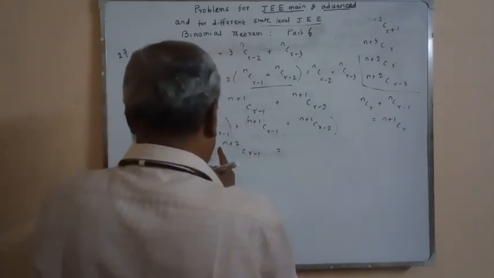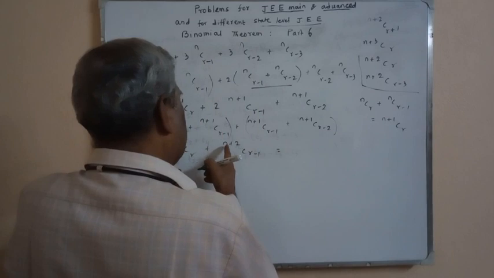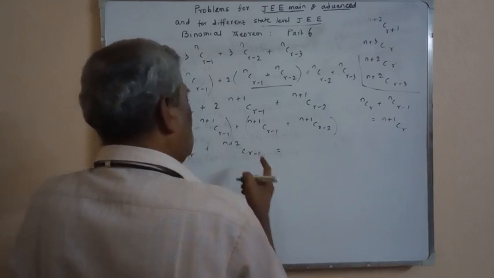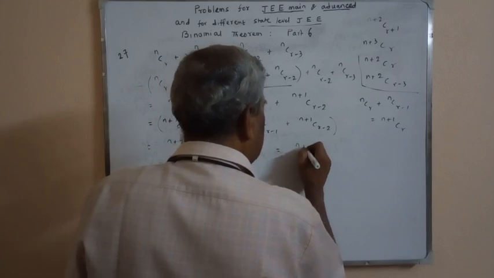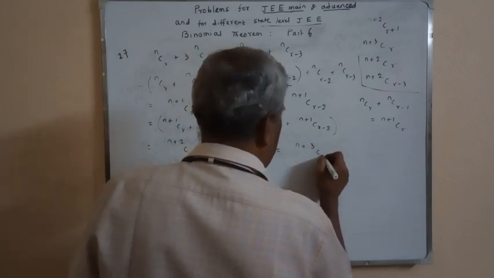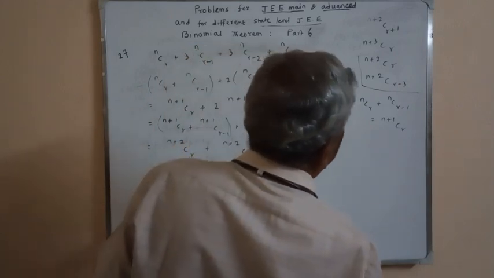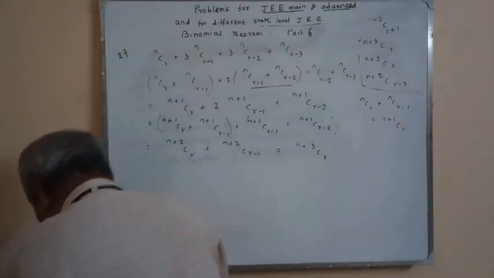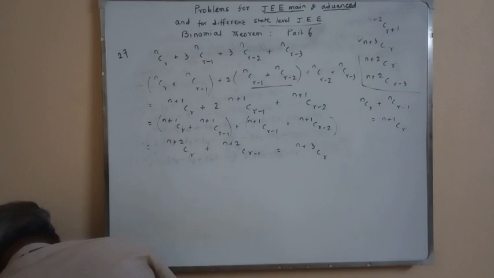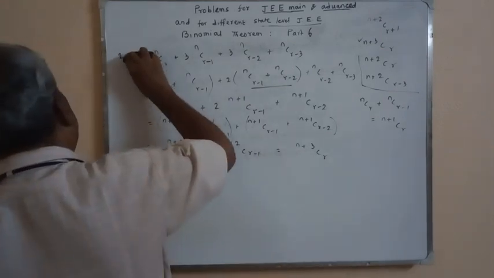They are equal and consecutive integers, and by the same approach it is (n plus 3)Cr. So option B is correct. Next problem.